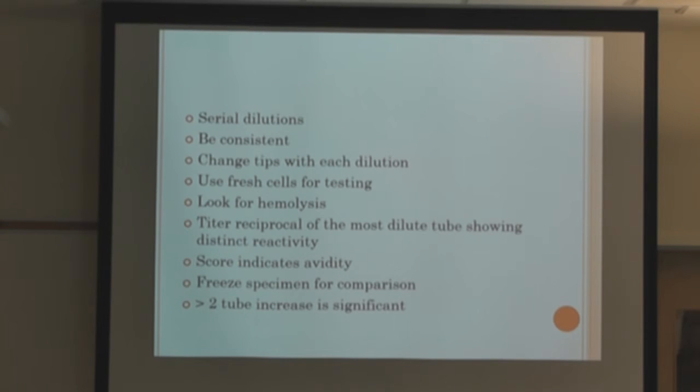So if you want to get a clearer picture of how much antibody is reacting that could affect the baby, then using heterozygous cells would be the better approach. It really doesn't matter which one you do, as long as you're consistent.